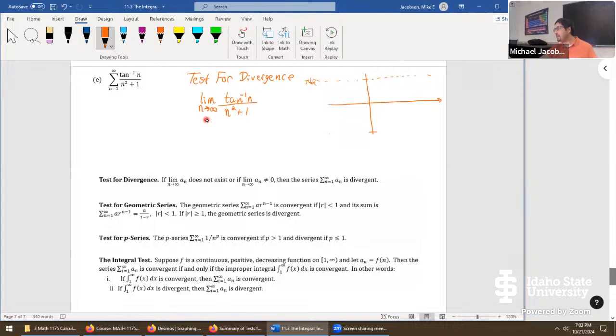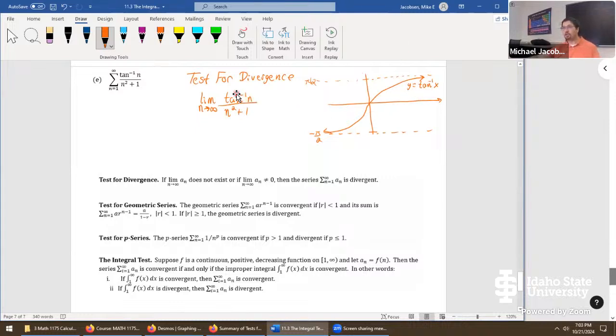Then there's another one at height negative pi over 2. So when we plot tangent inverse n, it looks about like this. This is a graph of y equals tangent inverse x, because the dots are connected. We can't say n. This is now an actual function.